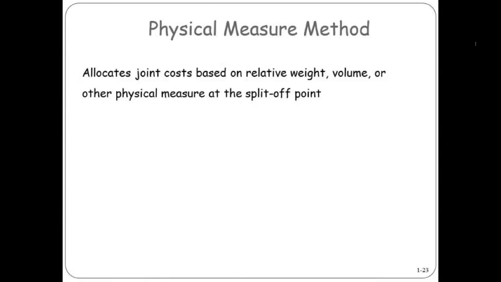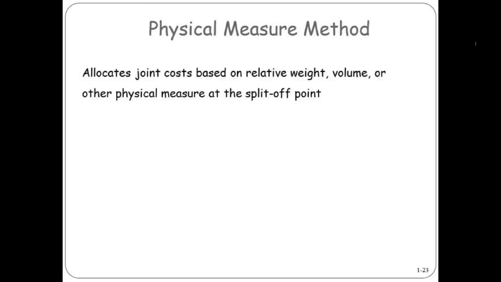So we now have net realizable value method, and we have the sales point method. The physical measure method is the easiest. Essentially, you're just looking at the weight of the products or the numbers produced and dividing the cost based upon those numbers.